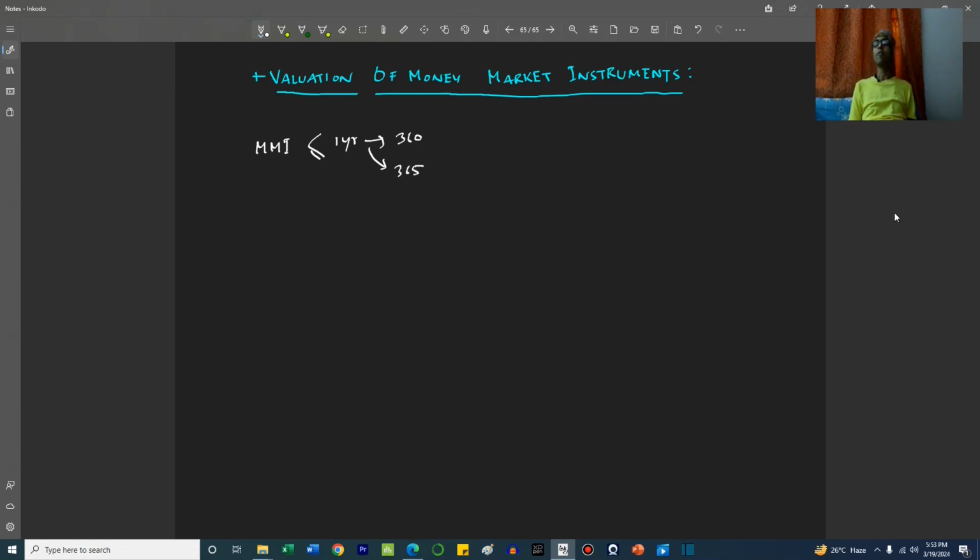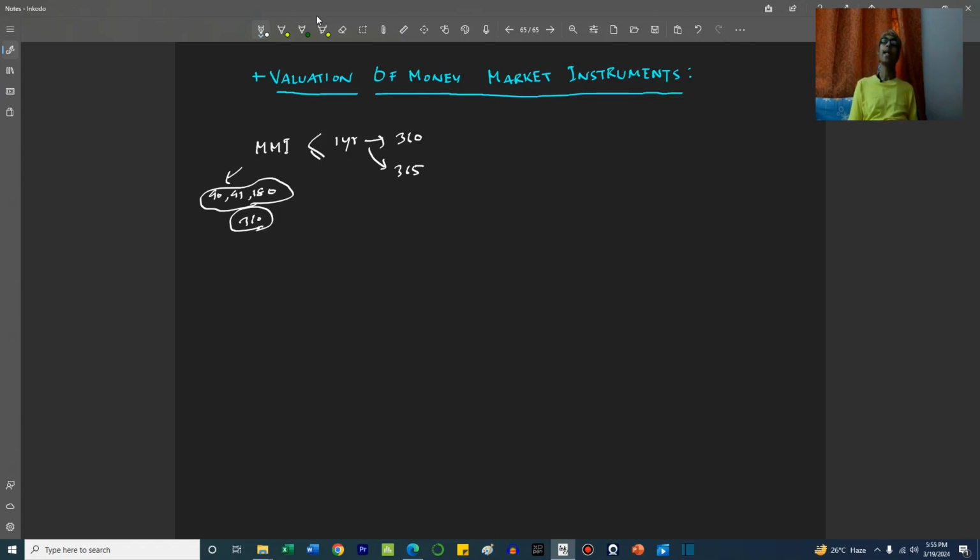And the maturity can be various. It can be 90 days, 91 days, 180 days, like that. It can be 360 days. Okay. Now, apart from this maturity period of the money market instrument, there are certain other metrics that have to be measured. Let's look at them.